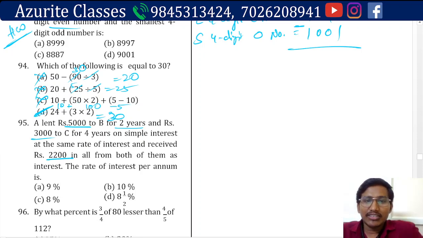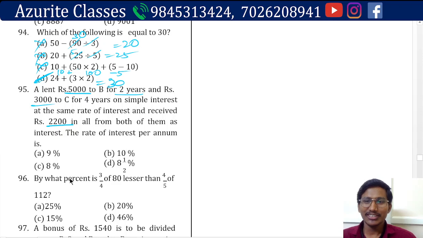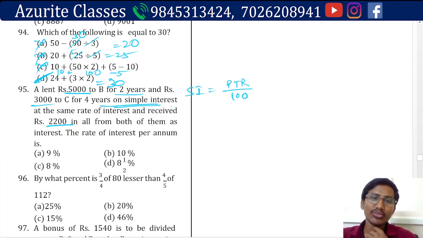The rate of interest per annum is? This is also complicated, so we will add the interest. The rate of interest is the same. How do we find simple interest? Interest is equal to PTR by 100. If you add both, you should get 2,200.